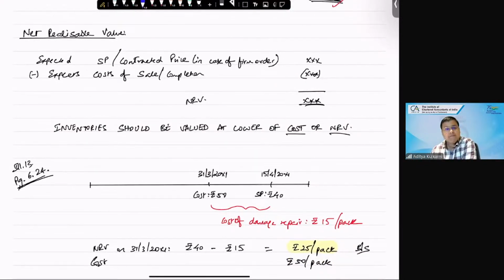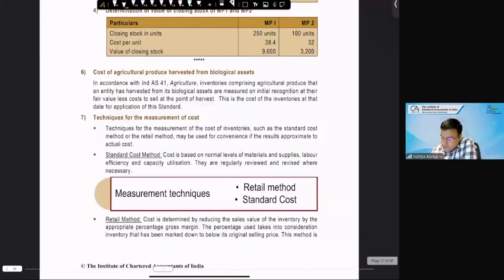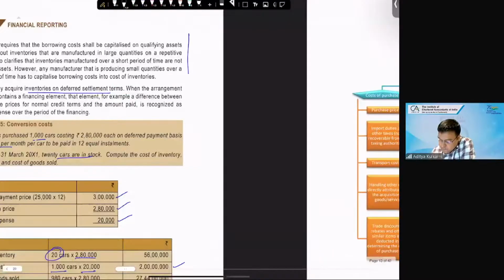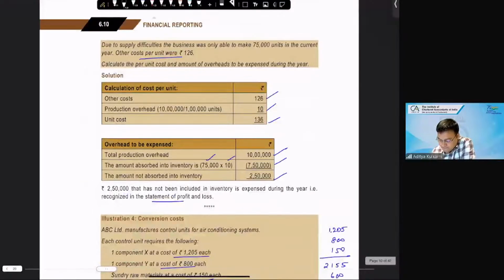So net realizable value, simple definition: expected selling price or contracted price in case of firm order minus cost of sale or completion, the expected cost of making the sale or expected cost of completion. So that gives you the net realizable value. Have you studied Ind AS 113 relating to fair value measurement?